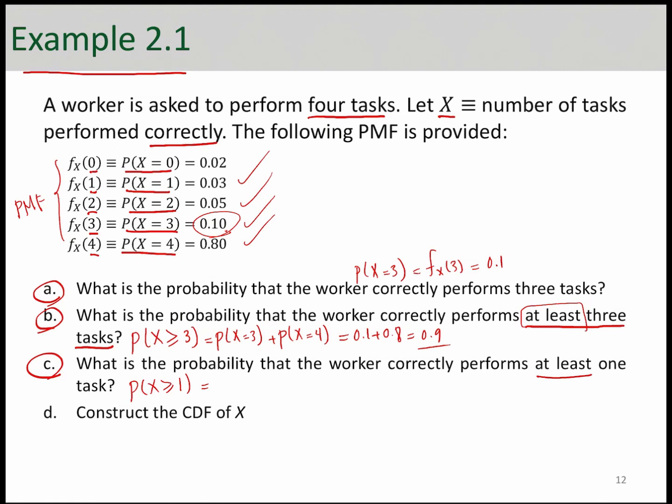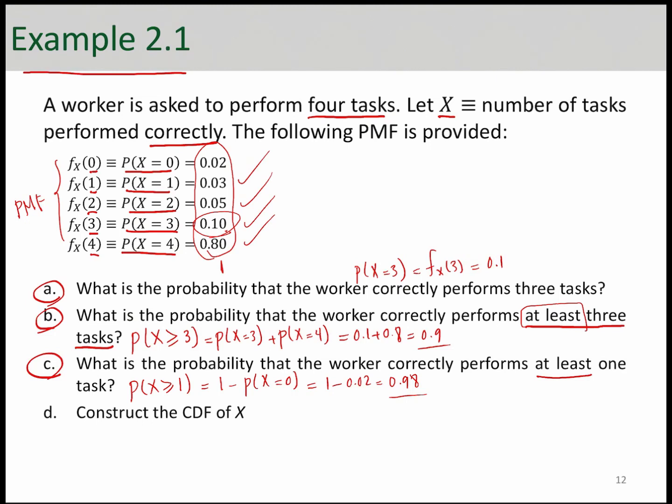Or, in other words, you can say it's just 1 minus probability of X equals 0, right? It's the same thing. Because these have to add up to 1, and they do. So you can do 1 minus 0.02, so 0.98 or 98%.